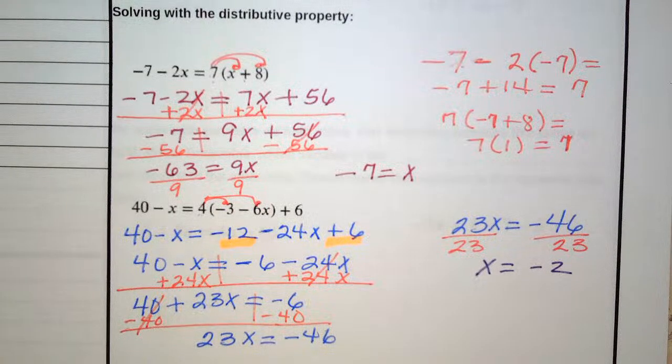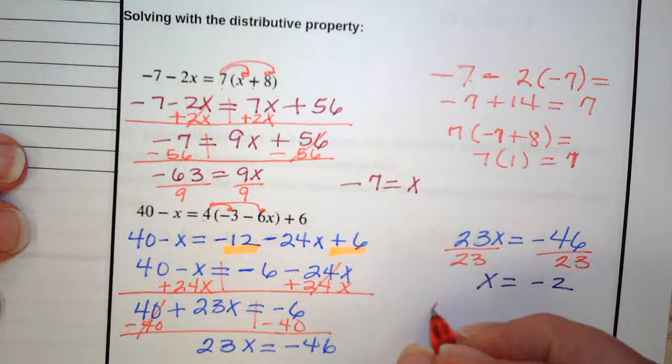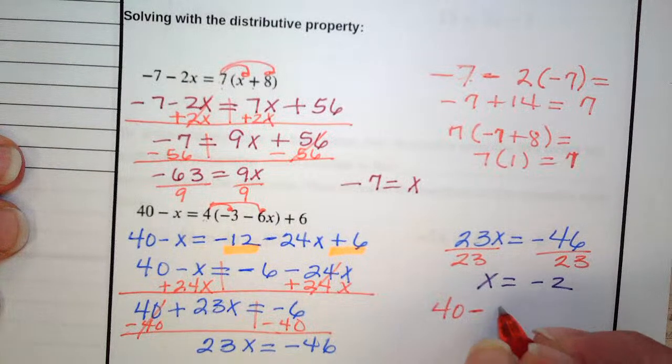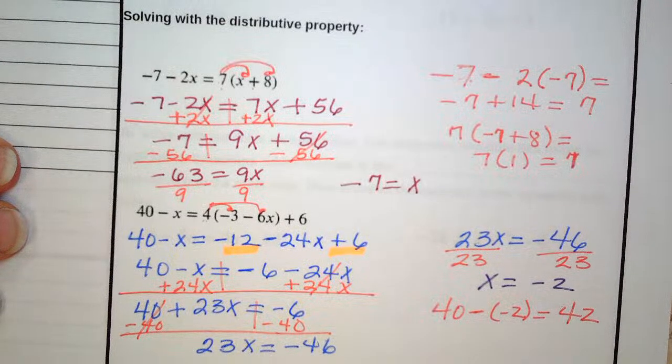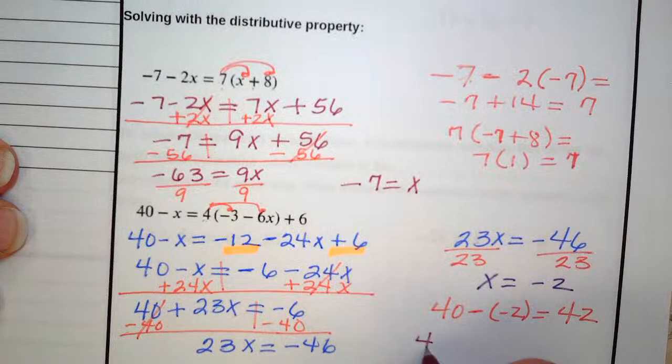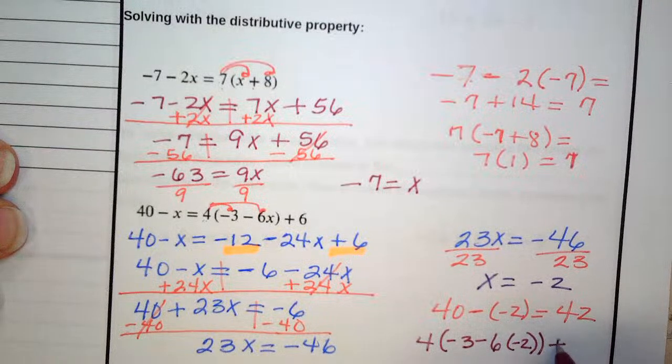So if I want to check this, I would take 40 minus negative 2, and I would get 42. I would take 4 times negative 3 minus 6 times negative 2 plus 6.